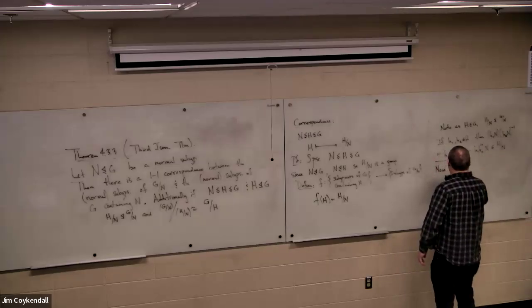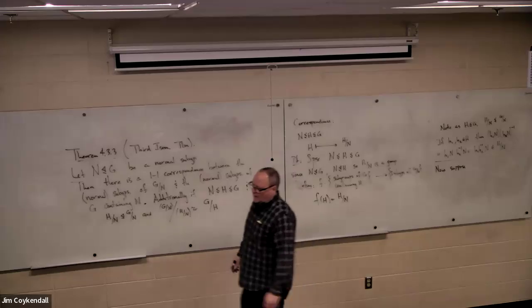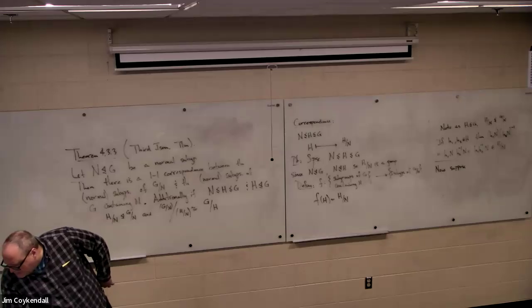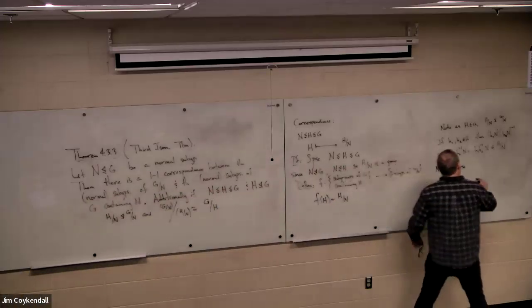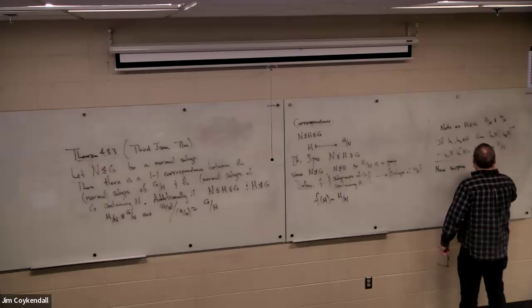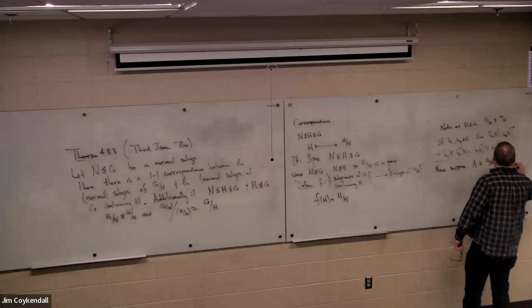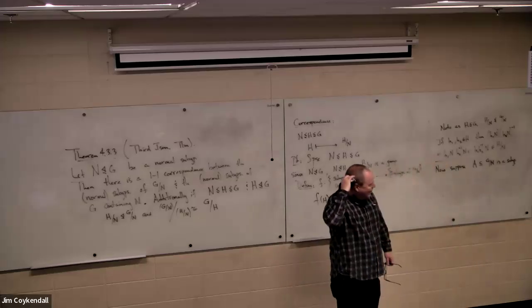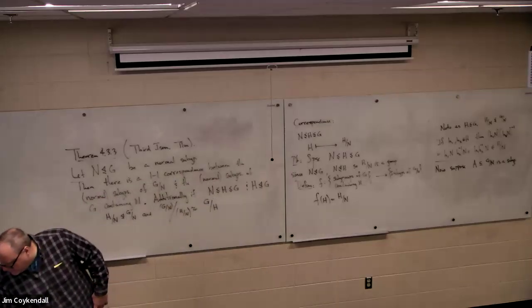Now suppose that we have A as a subgroup of G mod N. Suppose that you have just a subgroup in here. I want to show that this subgroup must be of the form H mod N. So it's not just some kind of random thing.